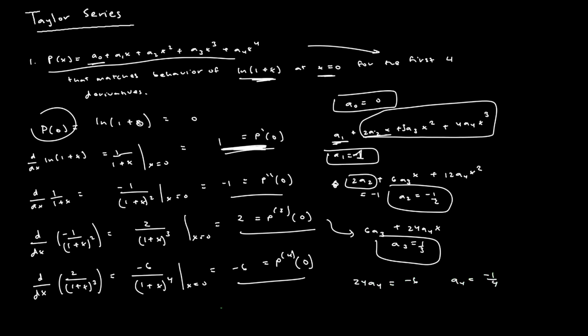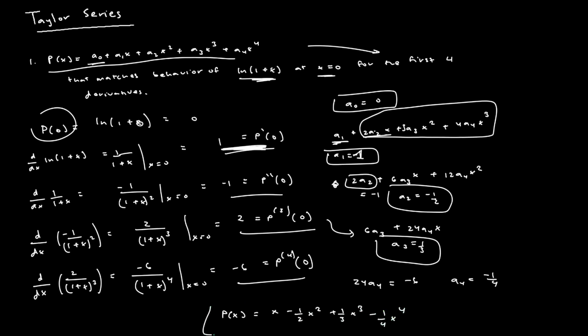And so the polynomial that satisfies our constraints is p of x is equal to a0, which is 0, so I'll just ignore that, plus a1 times x, and a1 was 1, so we have just x, and then minus 1/2 x squared, plus 1/3 x cubed, minus 1/4 x to the power of 4.